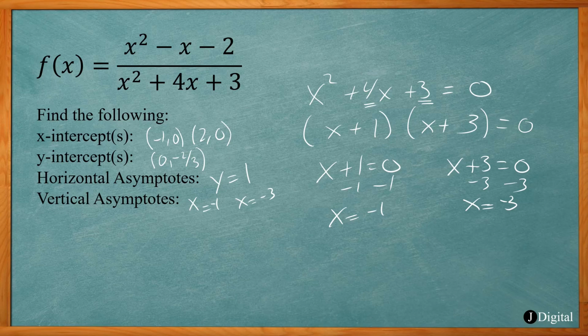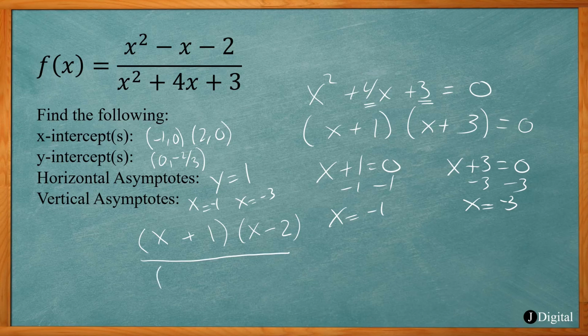Now one thing we need to check here is if any of these cancel out with the top. So if we factor out the numerator, we get x squared minus x minus 2. So you need two numbers that multiply to give -2 and add up to -1. That's going to be -2 and +1.